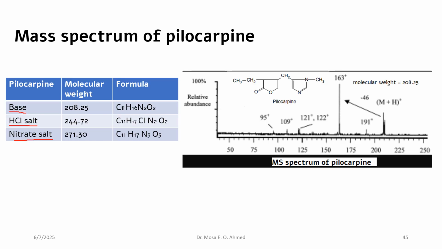Definitely each one has a specific molecular weight and molecular formula. In this MS spectrum for pilocarpine as base, we show that the molecular ion, or M plus ion, for pilocarpine is 208.25, which means that it is pilocarpine as base.